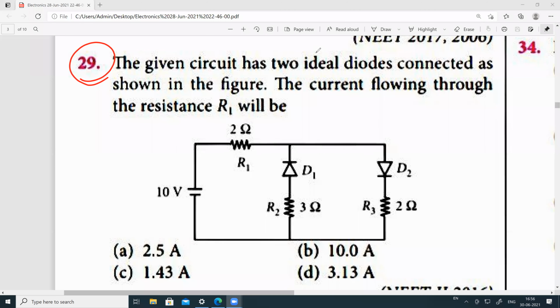Here the diode D1, from the diagram, is reverse bias, so it will block the current, and D2 is forward bias, so it will pass the current. So the current in the circuit is equal to the current flowing through the resistance R1. It is given by 10 divided by (2 plus 2), which is equal to 2.5 ampere. Therefore, A1 is the right answer.